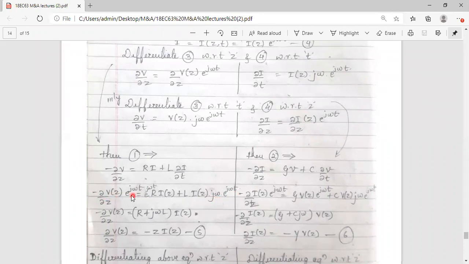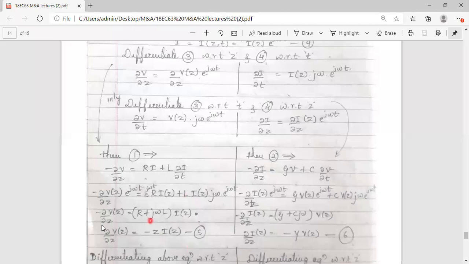Now simplification. Take e^(jωt) common. On the LHS you have that, and on the RHS the first term and second term have it, so they get cancelled. You will be left with only this derivative term, equal to the first term R plus jωL. I(z) is common in both terms. Put the negative sign here, and R plus jωL in short can be written as Z. Z is equal to R plus jωL.